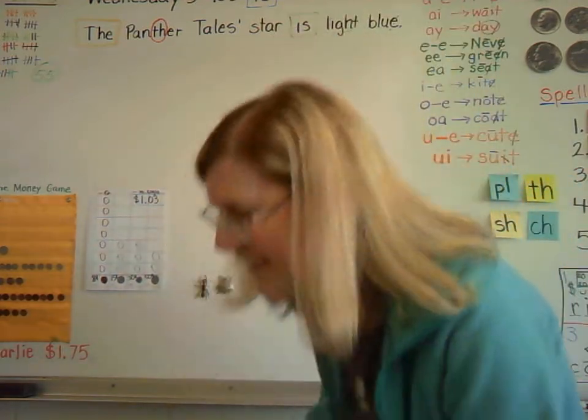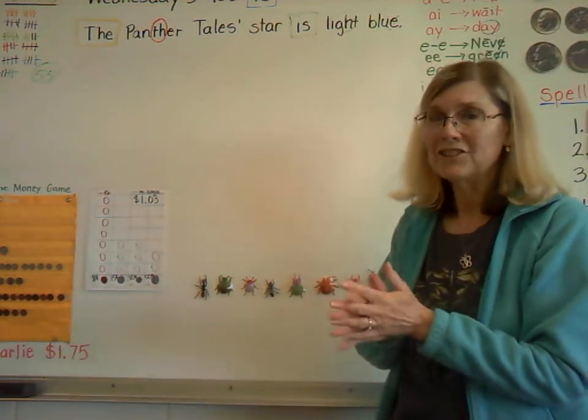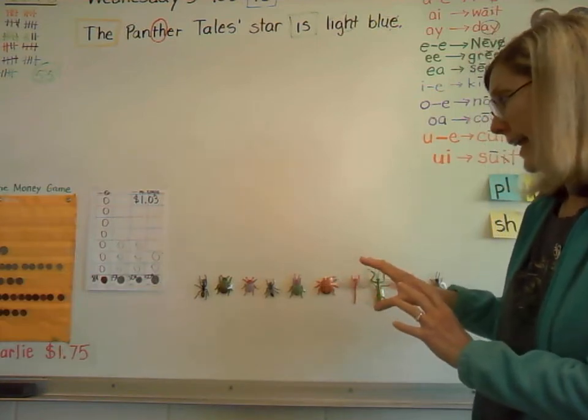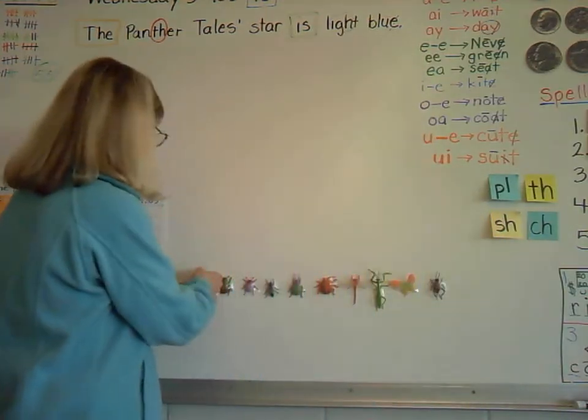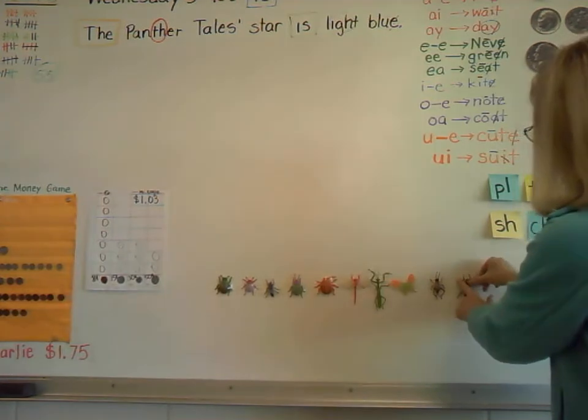Well, let's go ahead. We're going to take a look at our insects here. And let's start arranging them in different ways. Let's say we have, now this will be the easiest way to do it. I'm going to bring our ant over here on the other side of the cricket.